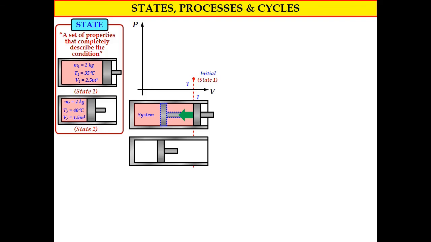After the piston compresses the substance inside the cylinder, the volume will reduce, so we have the second state represented by point 2. This is how we describe the state on the PV diagram, the pressure volume diagram. State number 2 we also consider as the final state for the process.